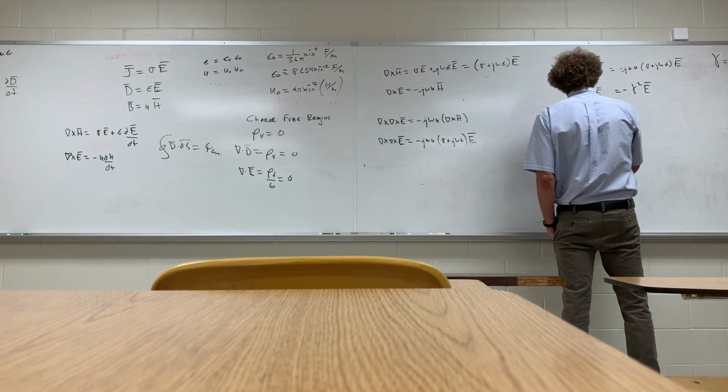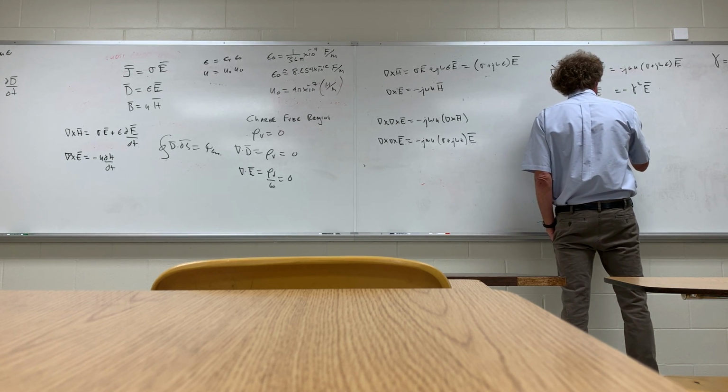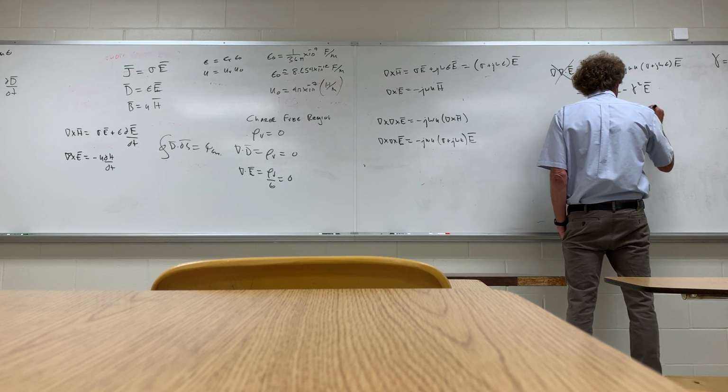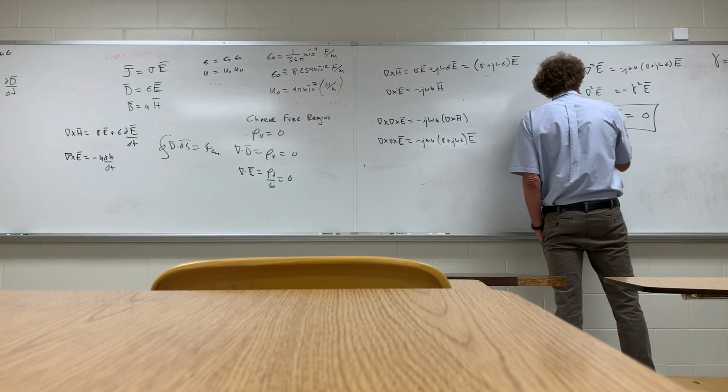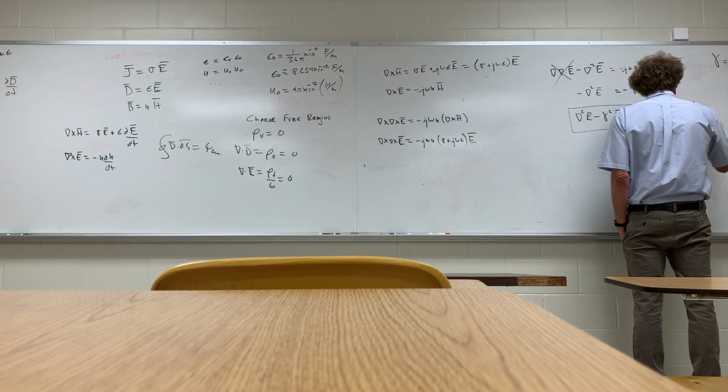So that means I have del squared of E minus gamma squared E is equal to 0. This is a real important equation. This is called the Helmholtz equation, or wave equation.